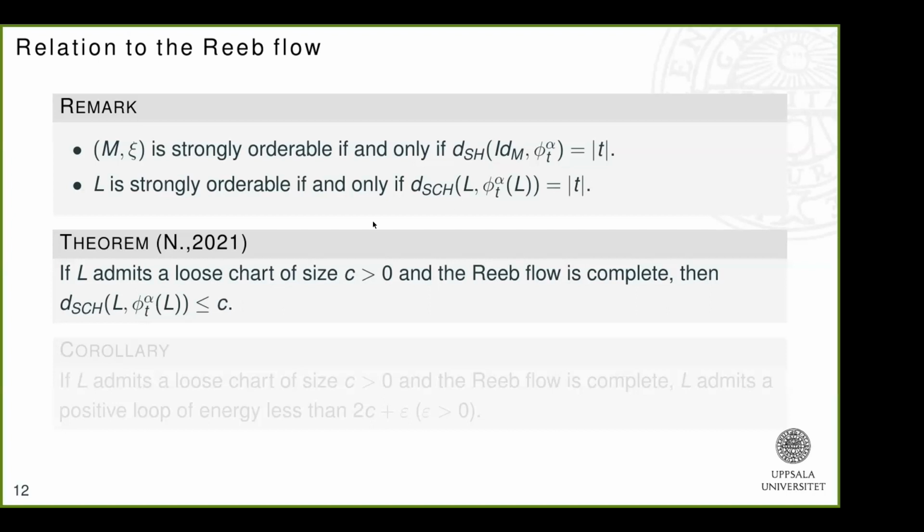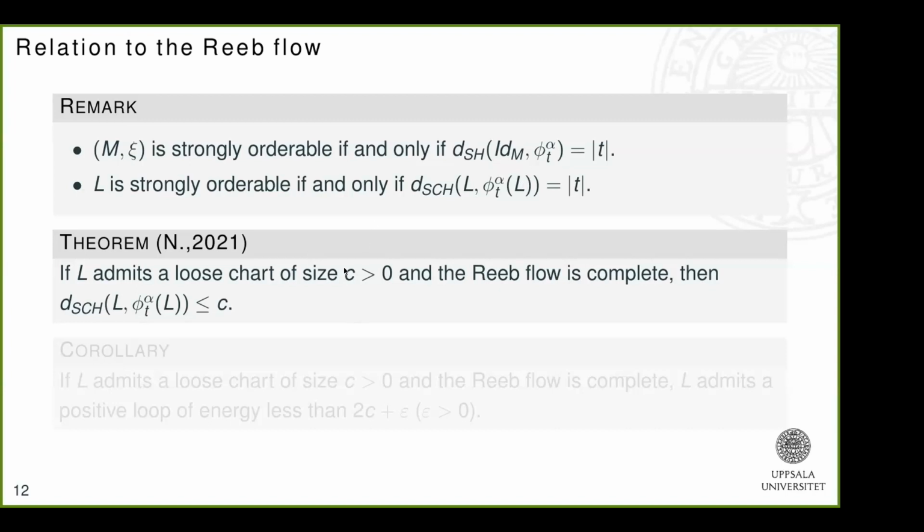And here the size of the loose chart is, up to a factor of 2, the energy that is required to create a loose chart in an arbitrarily small Darboux ball, which roughly you can think of as the energy that is required to shrink one of the loose charts. And there's always some finite number. And it roughly corresponds to the action of a Reeb chord in the loose chart.